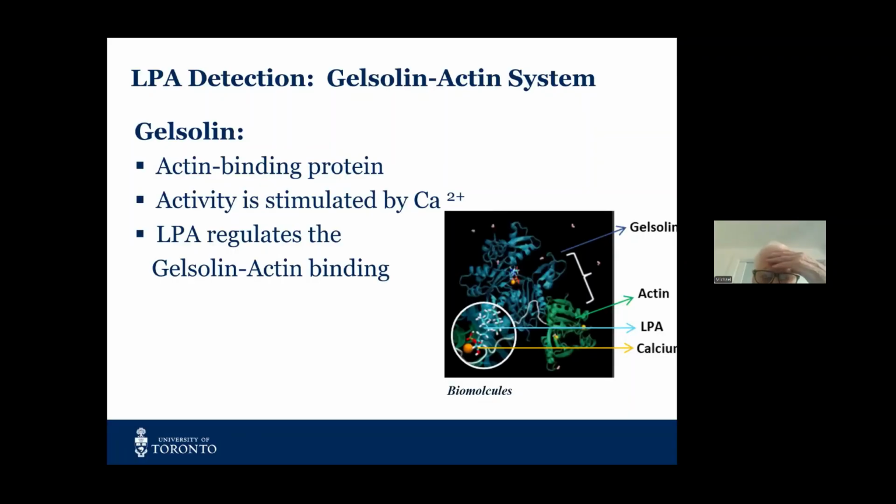The chemistry that we developed is a probe that finds this extremely selectively. This is a protein called gelsolin.